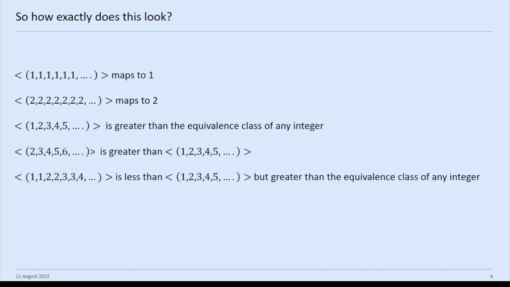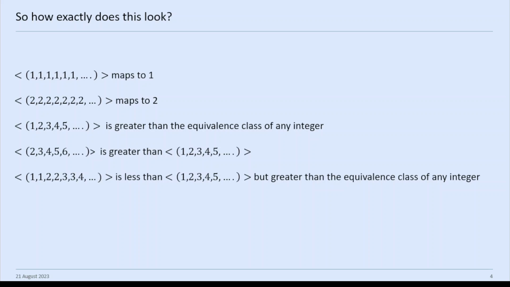The equivalence class of the string of all the n's maps to n. But then 1, 2, 3, 4, 5, 6, 7 is greater than the equivalence class of any integer, because for almost all of the components they will be greater than n for any n. So this sort of plays the role of something that's bigger than all the integers.